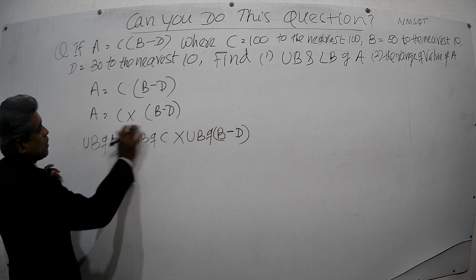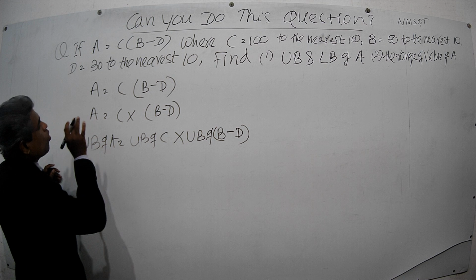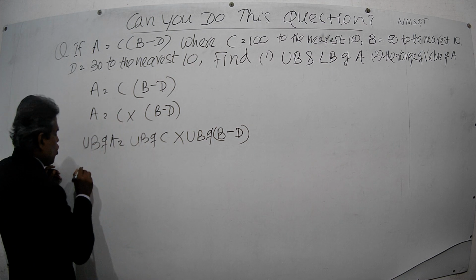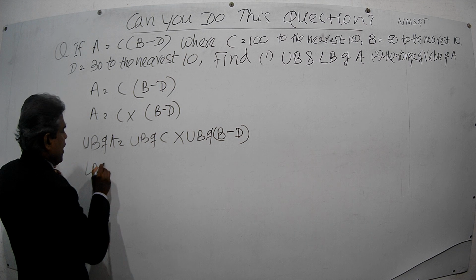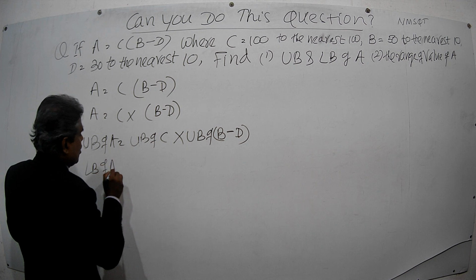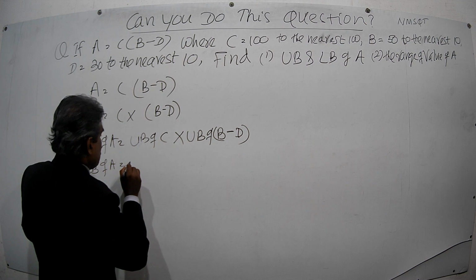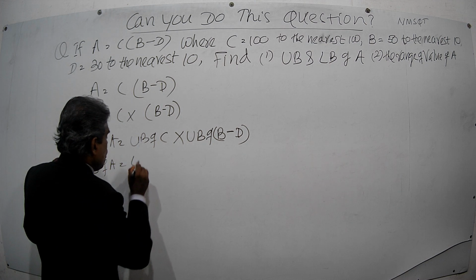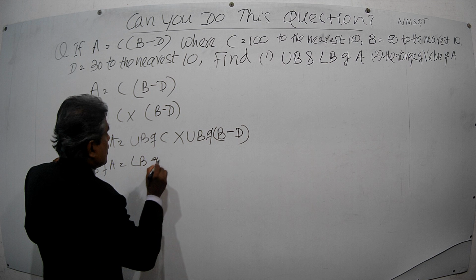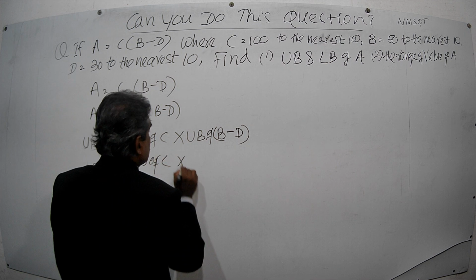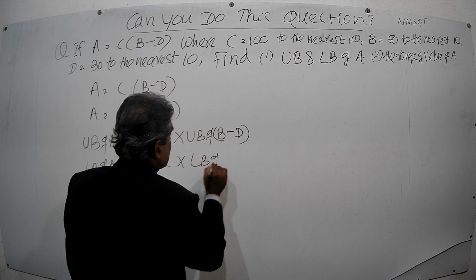Then this product is equal to A. Therefore, the lower bound of the product means lower bound of A. Therefore, lower bound of A equals the product of the lower bounds of these two, right? Then the product of the lower bounds means lower bound of C into lower bound of what?